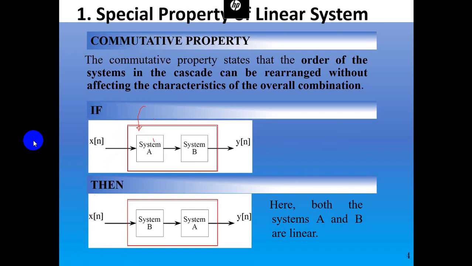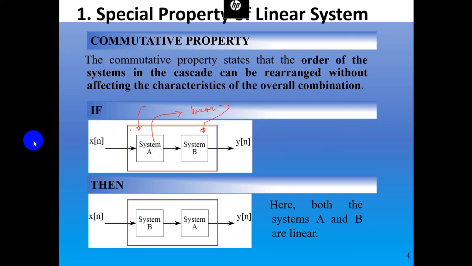System A is linear. System B is also linear. Now, two systems are cascaded. That means output of system A is fed to the input of system B.